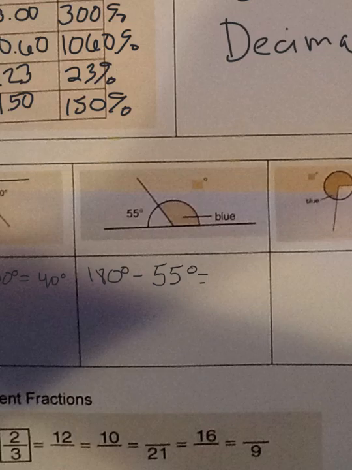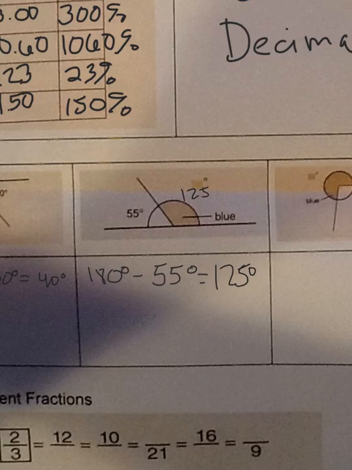So to figure out the last part of the angle, which would be a combination of 55 degrees and some number that equals 180, we would take 180 minus 55 to find out what number angle this is. 180 degrees minus 55 degrees is 125 degrees. So this would be a 125 degree angle.